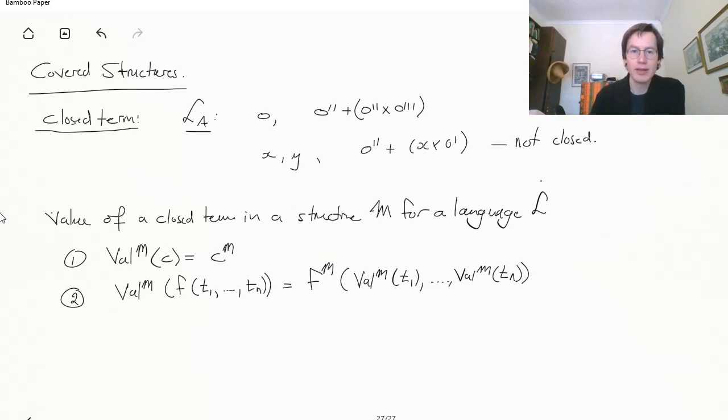And that is then the value of this term.